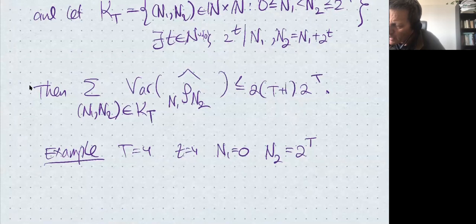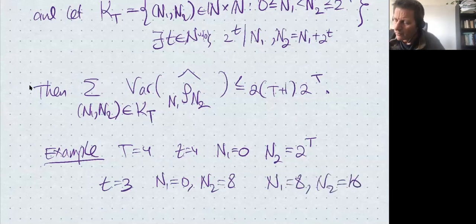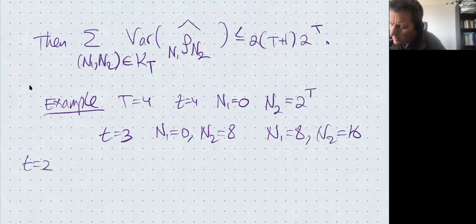If t is 3, then 2 to the t is 8, and I have two choices. n1 is 0, n2 is 8; n1 is 8, n2 is 16. If t is 2, n1, n2 could be any of the following pairs.